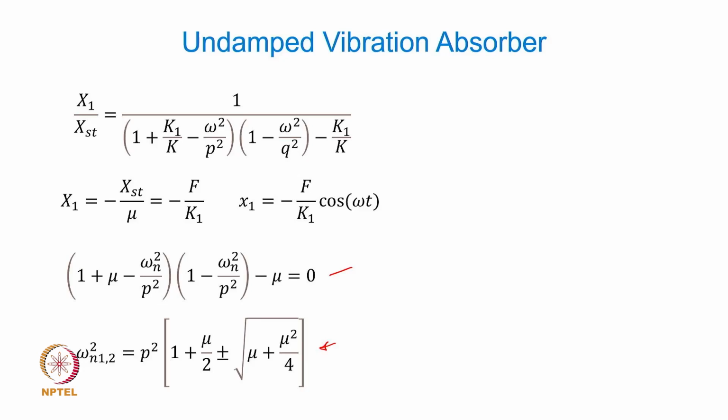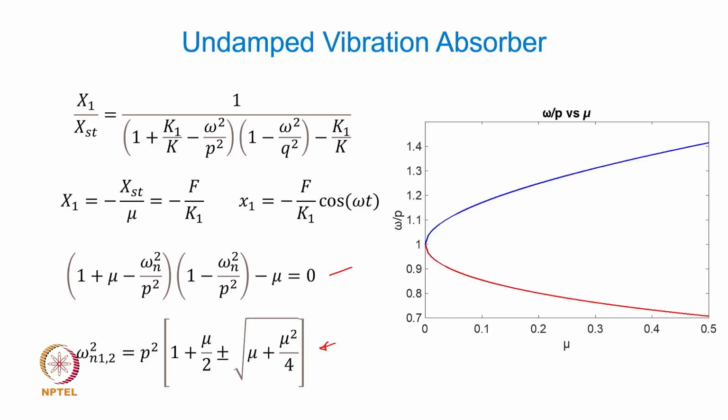Now a small discussion is in store about what role is played by this mu. What I am going to show here is this: omega 1 and omega 2, which I get from this equation, are normalized with respect to the natural frequency of the parent system, and then I plot them here.